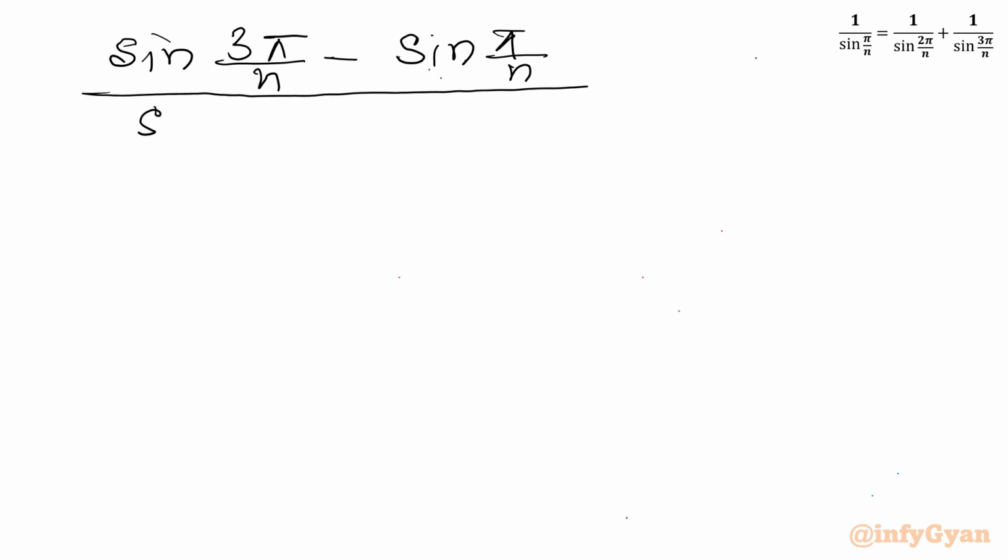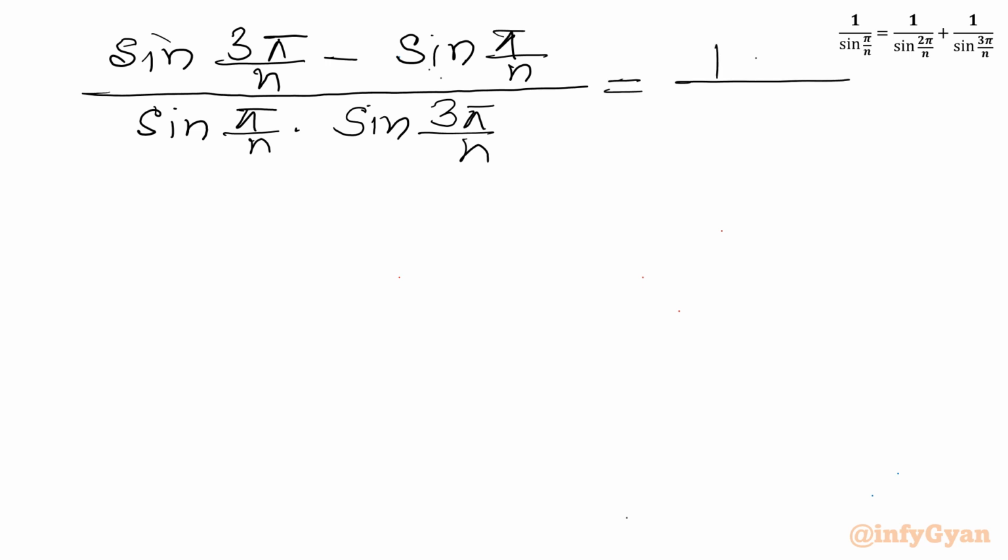So I will write here sin 3 pi over n minus sin pi over n, divided by sin pi over n times sin 3 pi over n, equal to 1 over sine 2 pi over n.